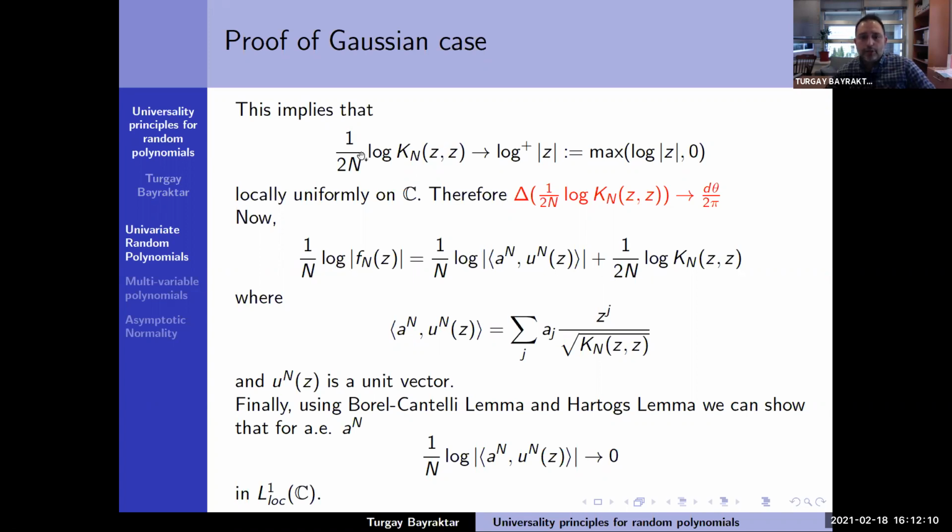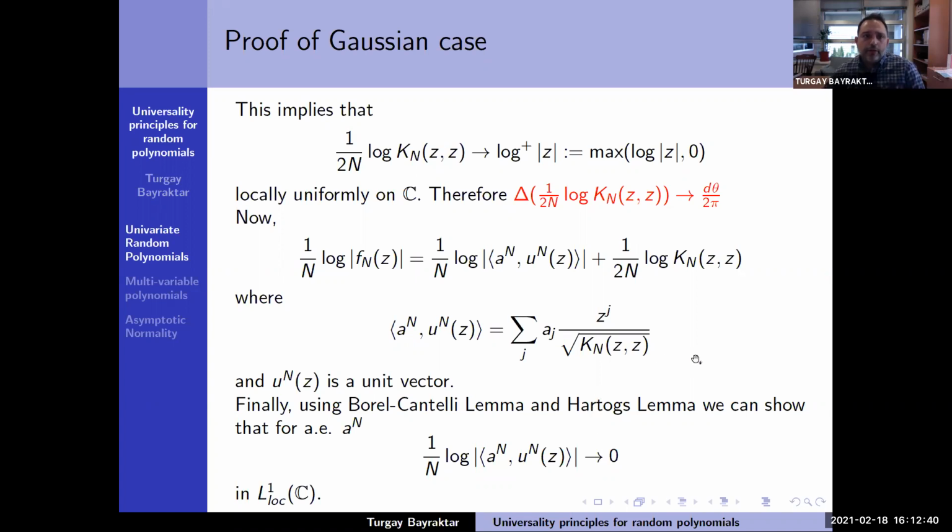So the Laplacian of this one converges to the correct object. All you need to show is that this one goes to 0 in the correct topology. And there you use some probability and some potential theory. These are differences of subharmonic functions. You use some sort of Hartogs lemma from potential theory that allows you to show that this term goes to 0 in the correct topology, therefore the result.